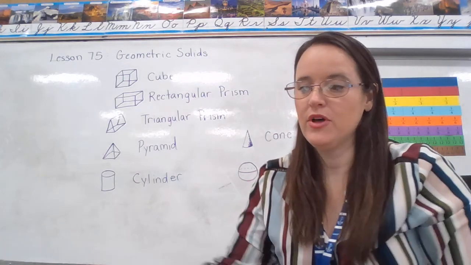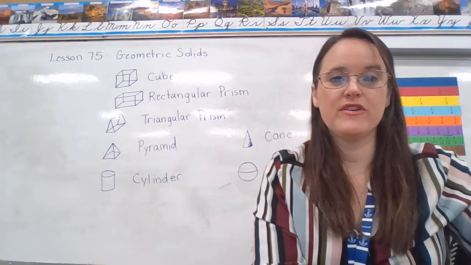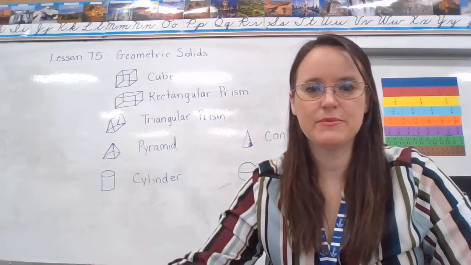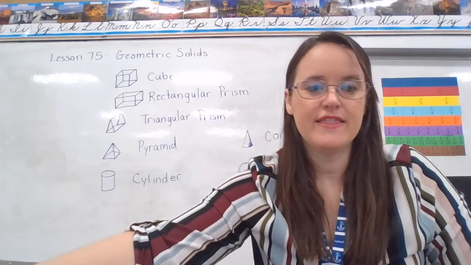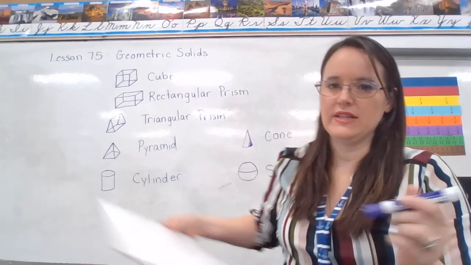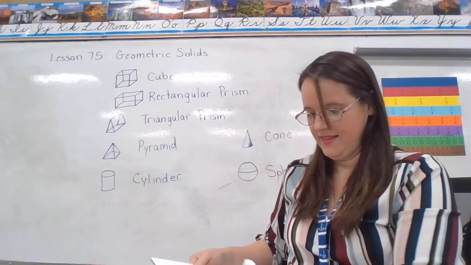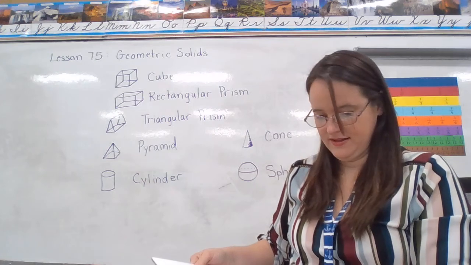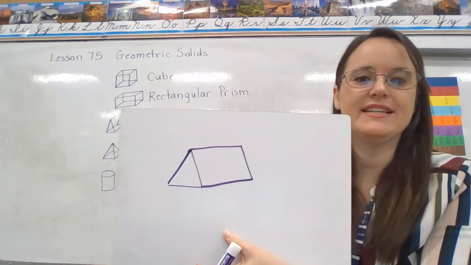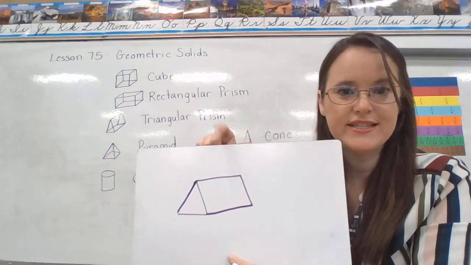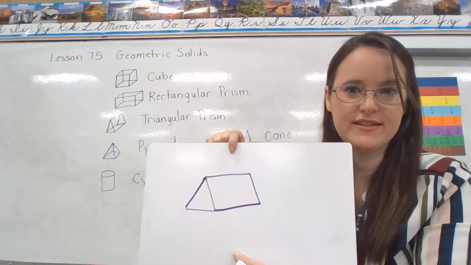So for example, you might be given a picture of a tent in your book. And in fact, I think this is one of our lesson practice questions. They'll show you a picture of a tent. So let's say like this. There's my tent. And they want to know, what geometric shape does this tent represent?